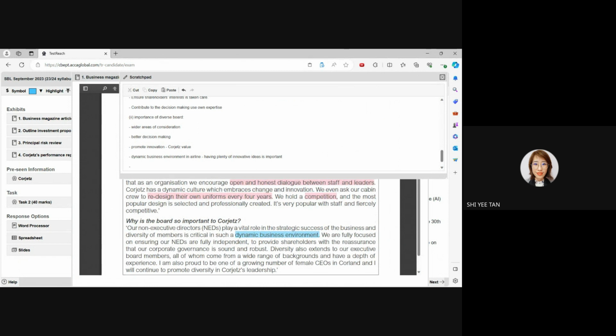Having a depth of experience will help, because when you have experience, you have more ideas, more ways of dealing with business problems, right? So again, it goes back to decision making and so on, right?